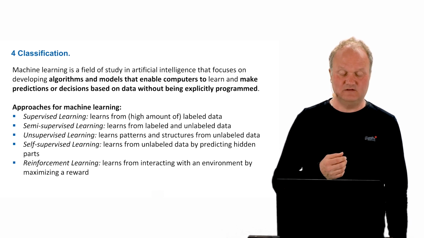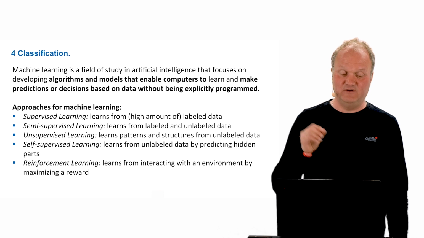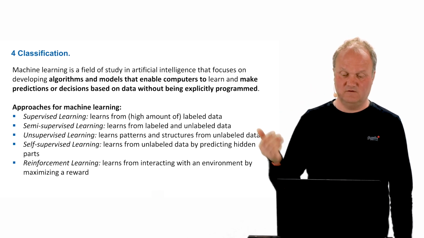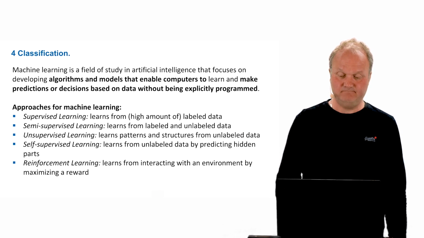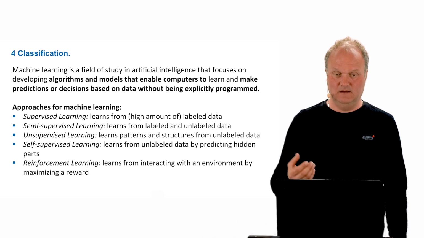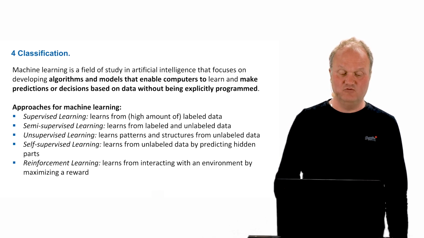One particularly interesting type of unsupervised learning is so-called self-supervised learning, which learns from unlabeled data by predicting hidden or corrupted parts in a sequence of input vectors. And this is a model which has been proven rather productive and helpful in recent years.